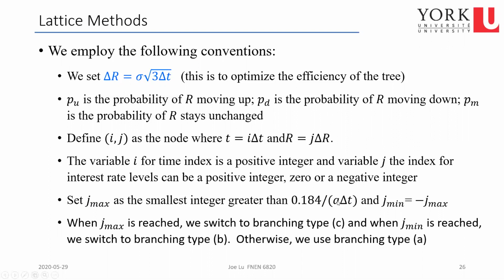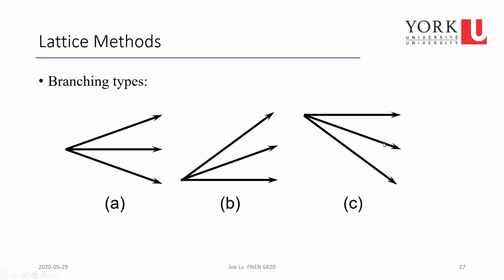Depending on your delta t and your a, you get this number. If the number is, say, 5.6, then j max is the smallest integer greater than 5.6, which is 6. When you reach 6, you cannot go up anymore, so you will switch to type C, after which you will only go down.